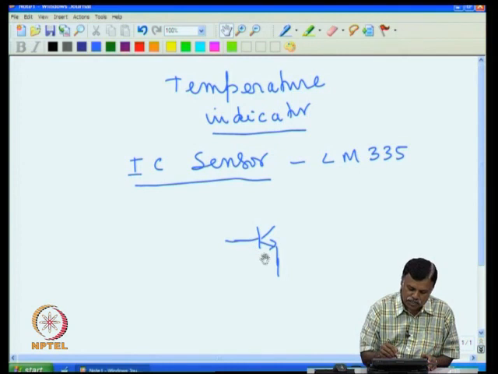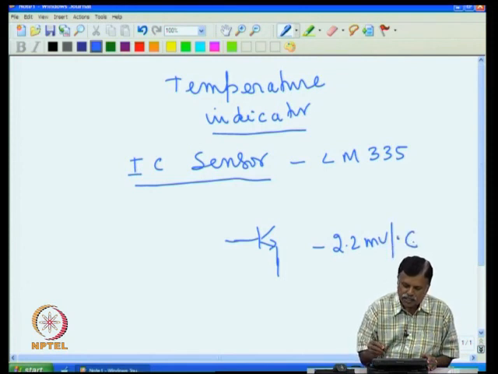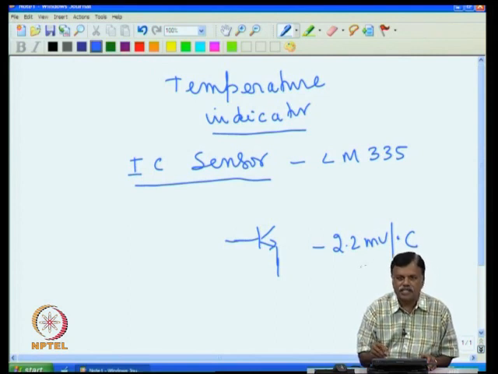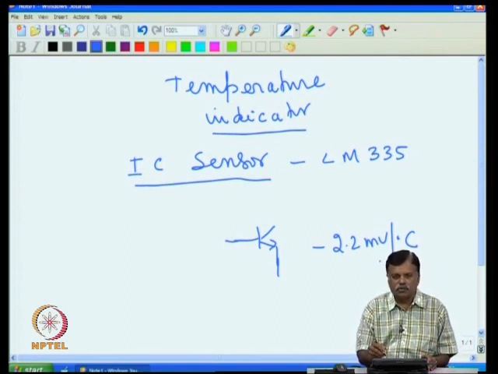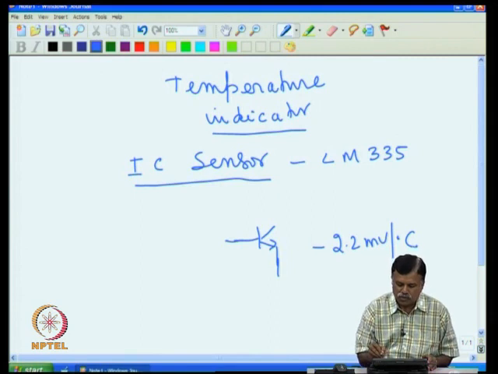This forward bias voltage changes with temperature. The temperature coefficient of that is minus 2.2 millivolt per degree C. That means for every 1 degree temperature rise, you will have a voltage drop of 2.2 millivolt per degree C.